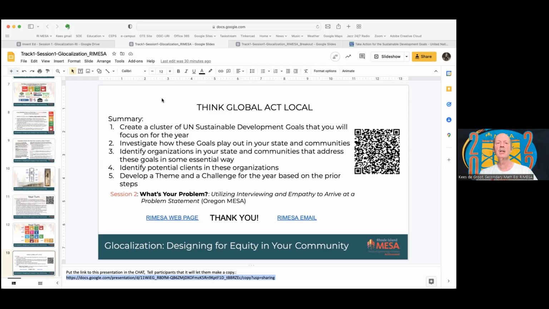So they learn to identify the potential clients in the organizations, and the last step is to develop a theme out of that and a challenge for the year based on the prior steps. That's the process that Walter Muehling, who's also in this session, and I are working on over the summer to prepare for next year.